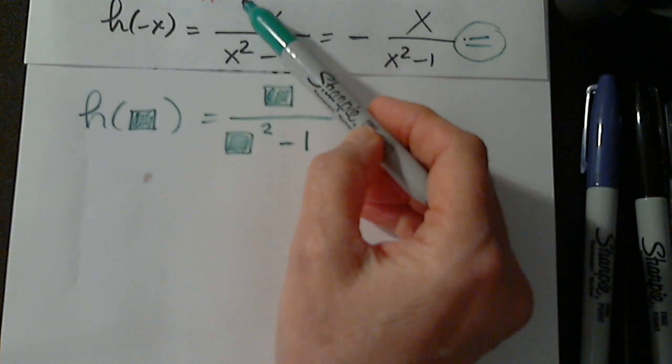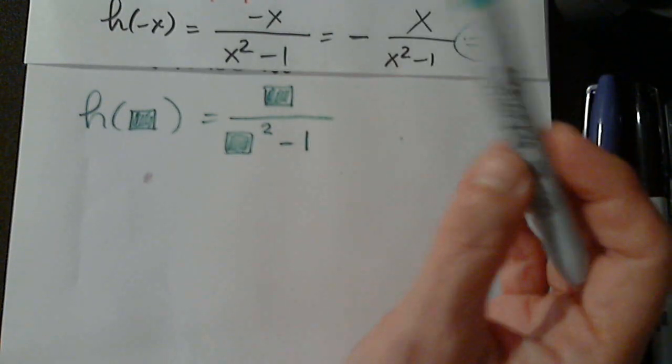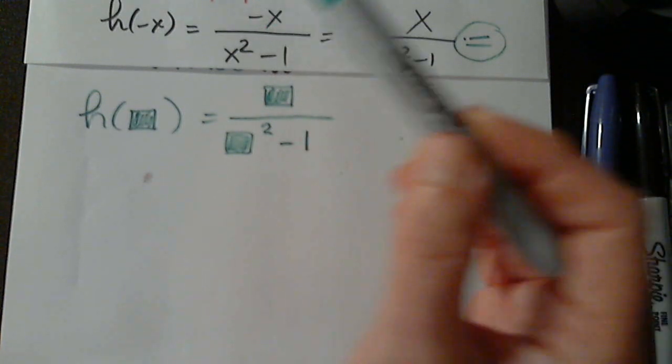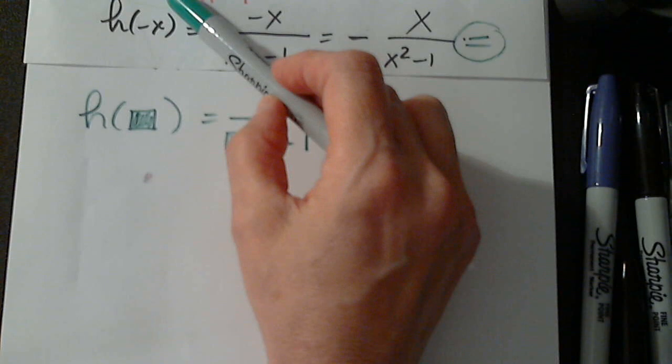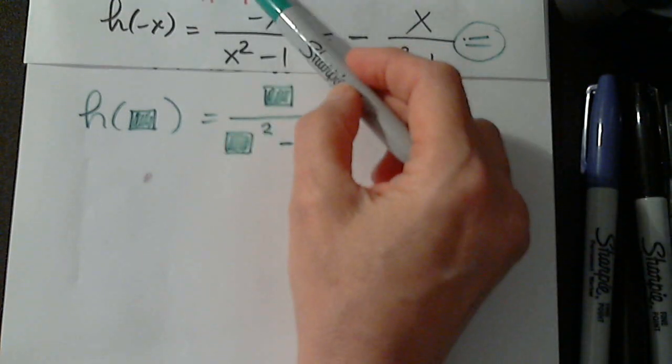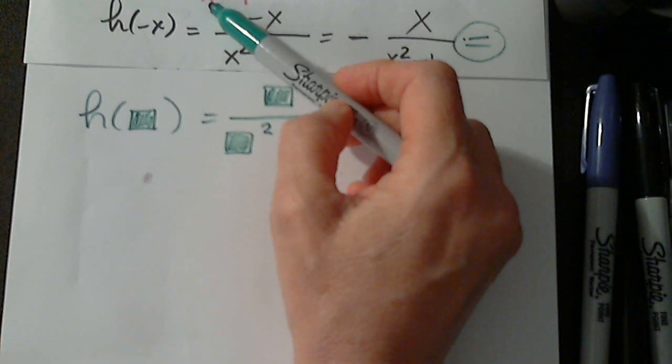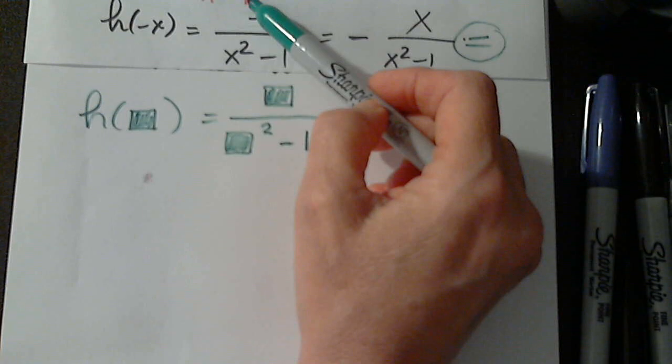I can't change the pattern. The pattern has to be read. You don't have to read it out loud. I will. f of whatever you want is whatever you want divided by whatever you want squared minus 1.